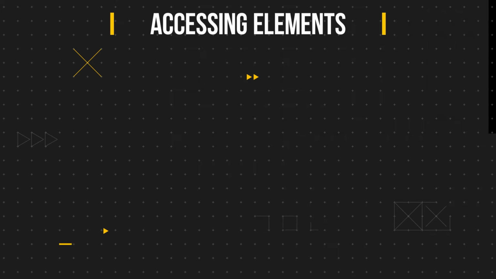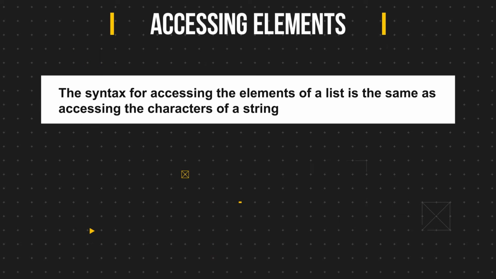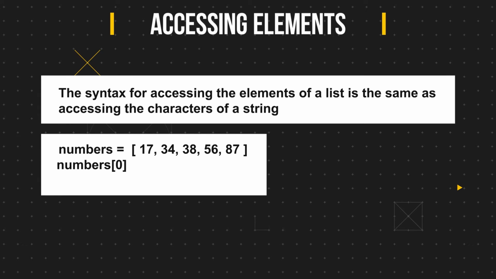We're also going to look at how to access elements in a list. The syntax for accessing the elements in a list is the same as the syntax for accessing characters of a string: the index operator.